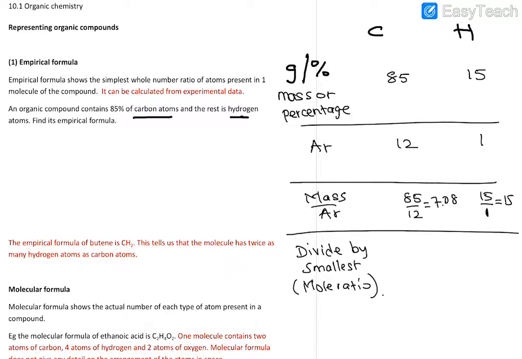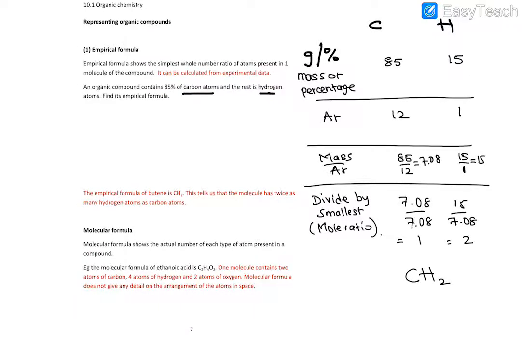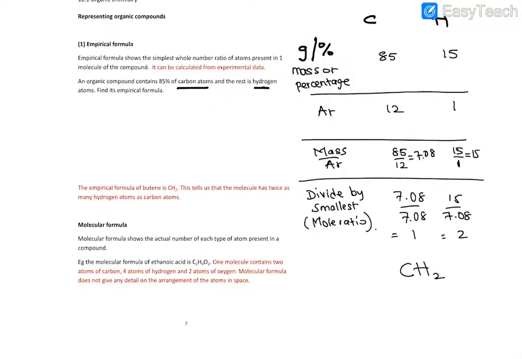And then between the two numbers, you're going to divide by the smallest. So you're just going to do the mole ratio. So divide by the smallest. So this is the smallest number. And hence the empirical formula is CH2 here. So this tells us that this molecule has twice as many hydrogen as carbon atoms.